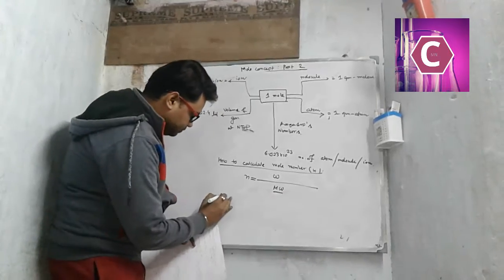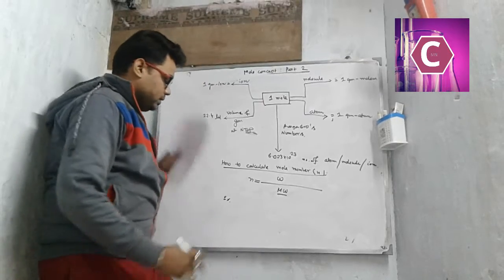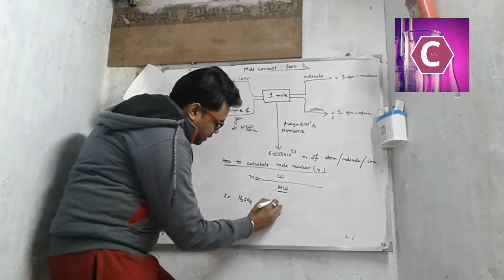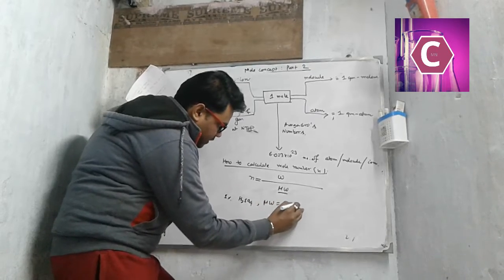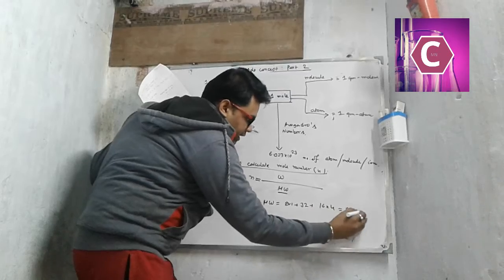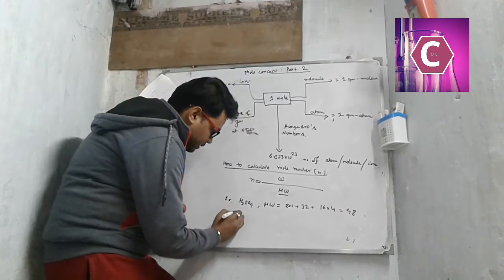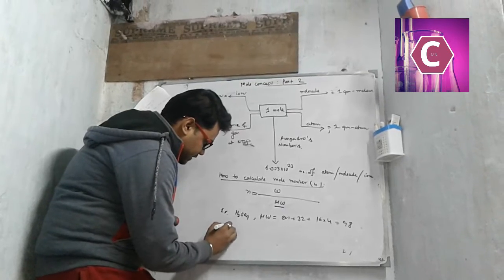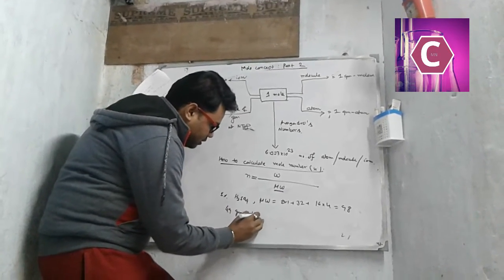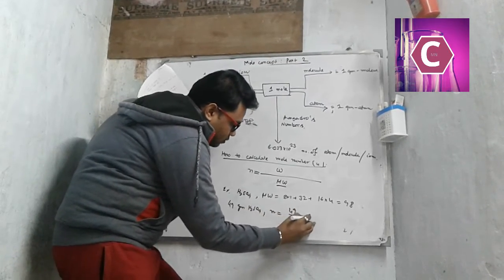As for example, let's take H2SO4. It has molecular weight equal to 2 × 1 + 32 + 16 × 4, which is equal to 98, and let's say for 49 gram of H2SO4, the mole number becomes 49 by 98, that is 1/2.